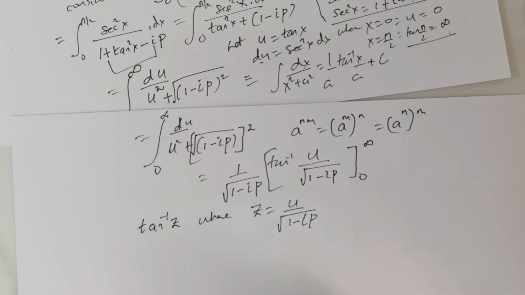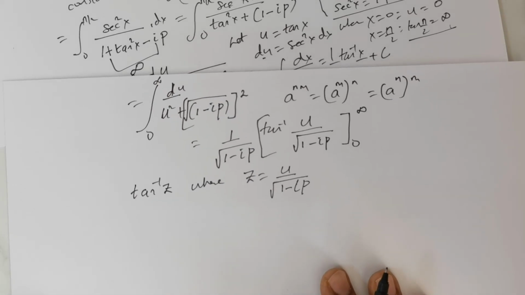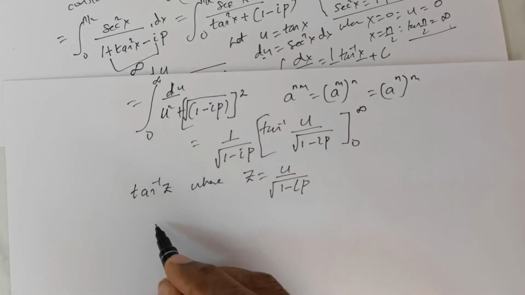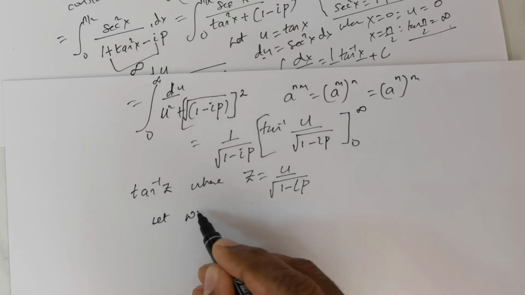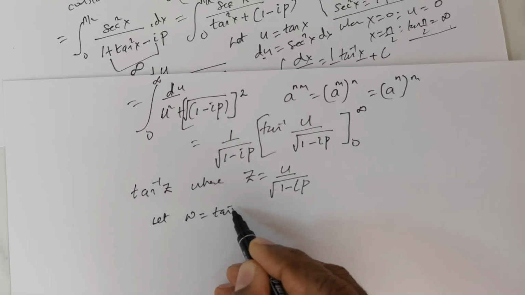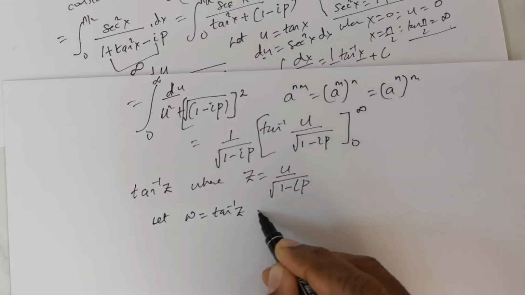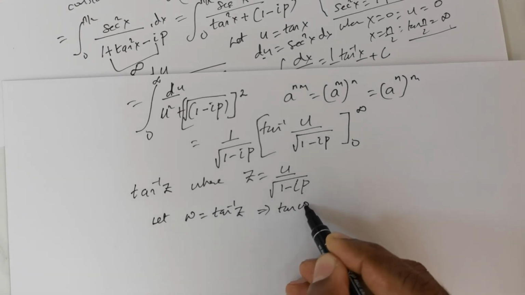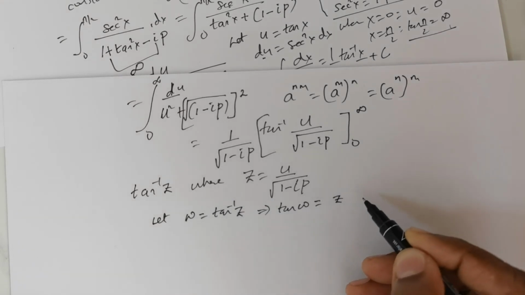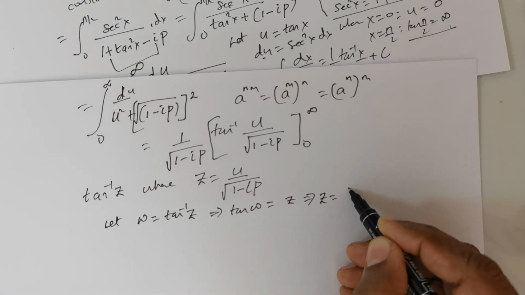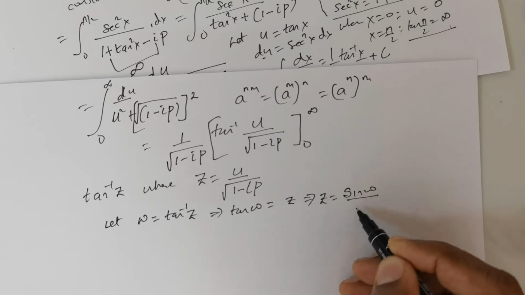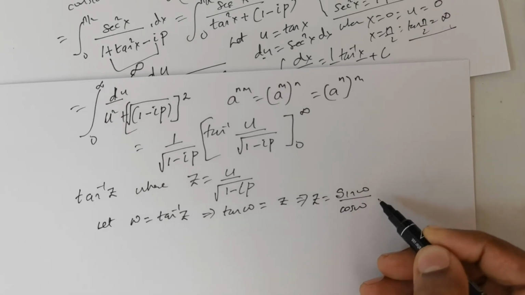Now I'm going to show how tan inverse of z is obtained. If I take tan inverse of z to be some omega, so omega equals tan inverse of z, then this would mean tan of omega is equal to z. So z is equal to sine omega divided by cos omega.